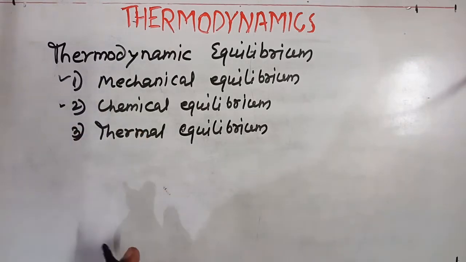First, let us see what is this mechanical equilibrium. A system is said to be in mechanical equilibrium if there are no unbalanced forces within the system and between the system and its surrounding. Then that system is said to be in mechanical equilibrium. So what is mechanical equilibrium?